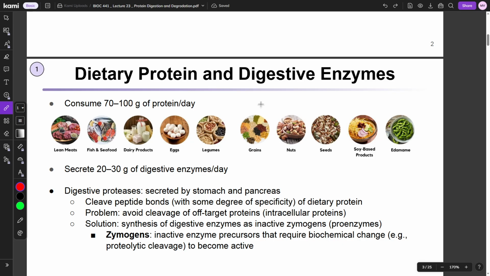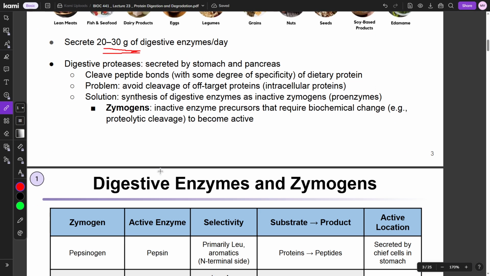In terms of our bodies, we generally tend to consume like 70 to 100 grams of protein per day. And we consume it as we end up using that much protein to make stuff, if you will. And then we secrete 20 to 30 grams of digestive enzymes per day. Like that's kind of things that are not useful to us anymore.